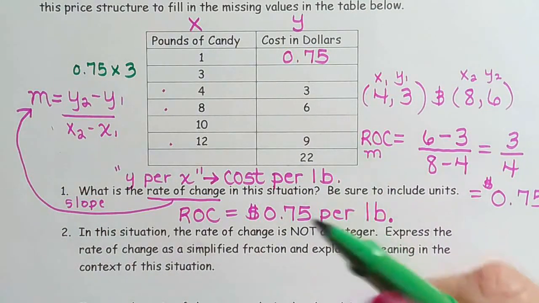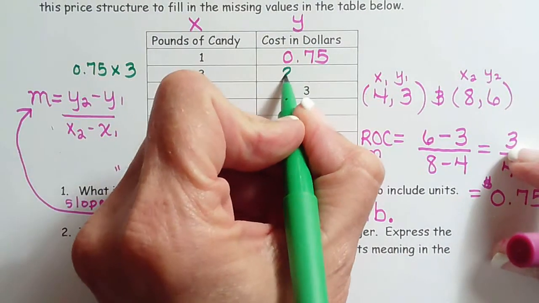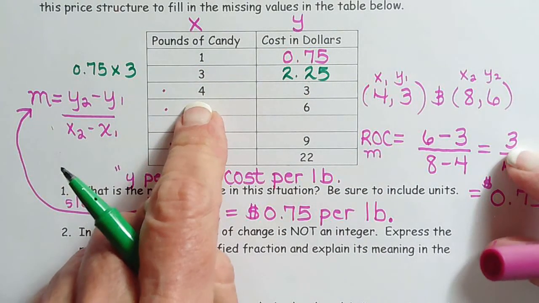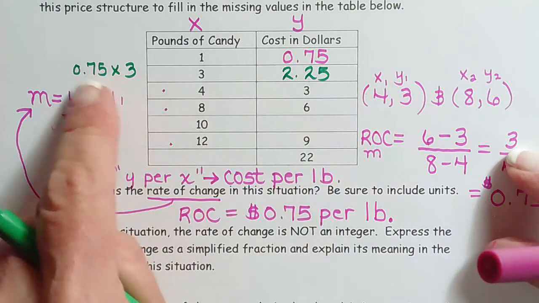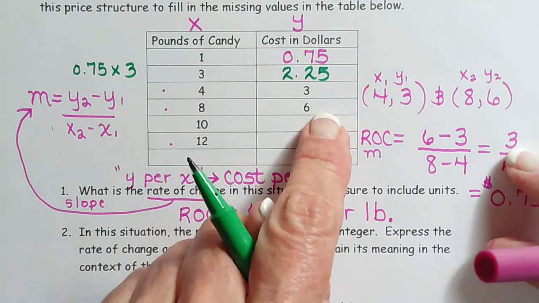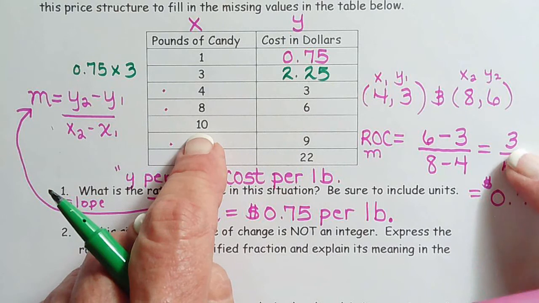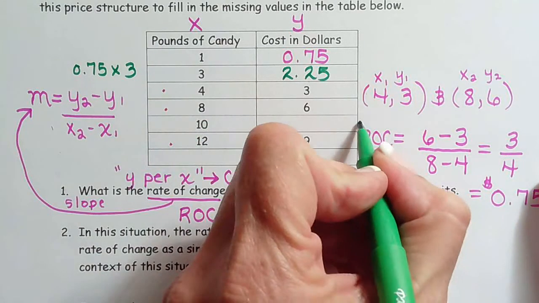Oops. So that would be 225. And you can do 0.75 times 4. You'll see it's 3. You can do 0.75 times 8. You'll see it's 6. So the next one we need to do is 0.75 times 10.